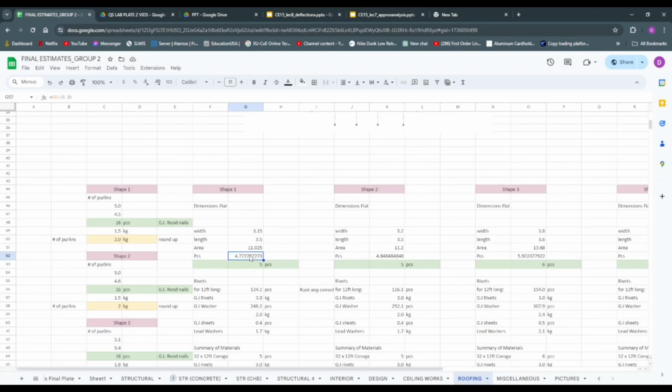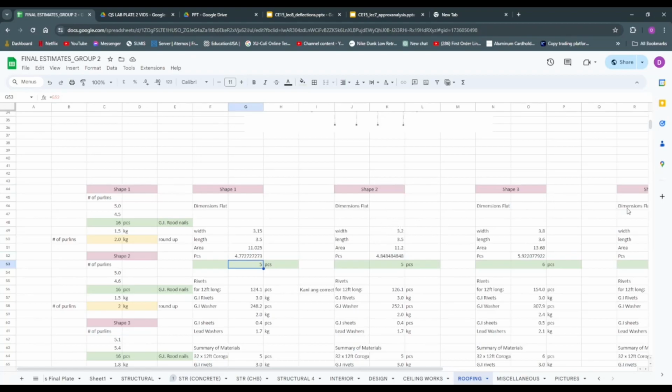To get the pieces, you divide by the effective area, which is 2.31. That gives the number of GI sheets, so 5 pieces for that specific shape.